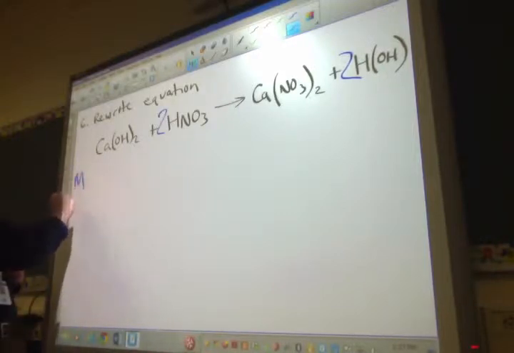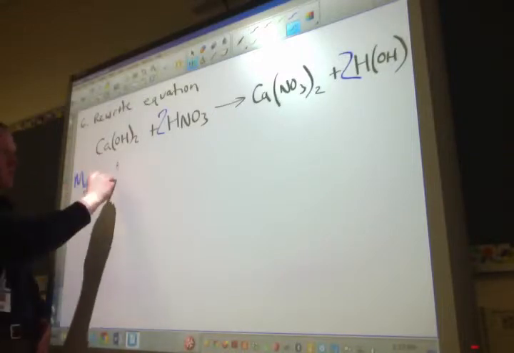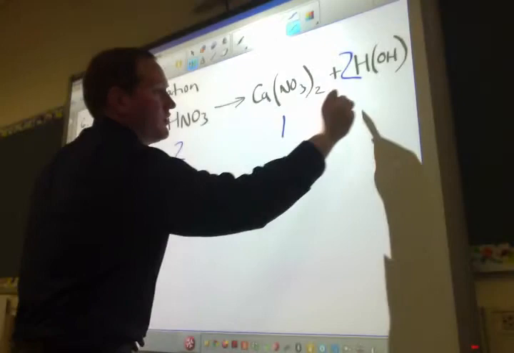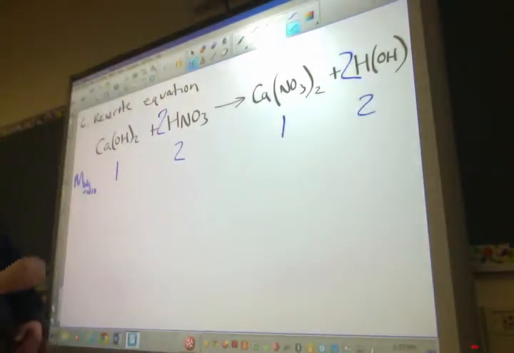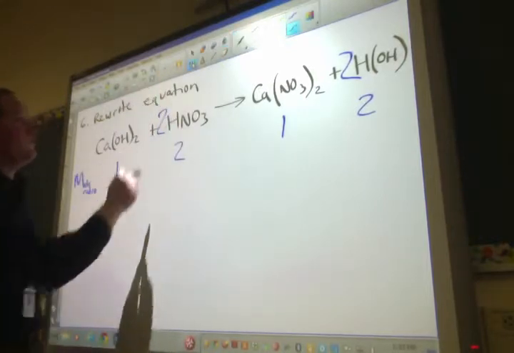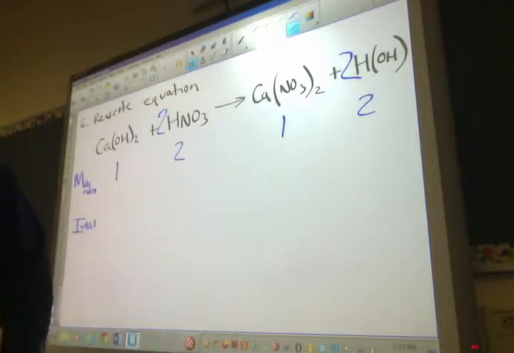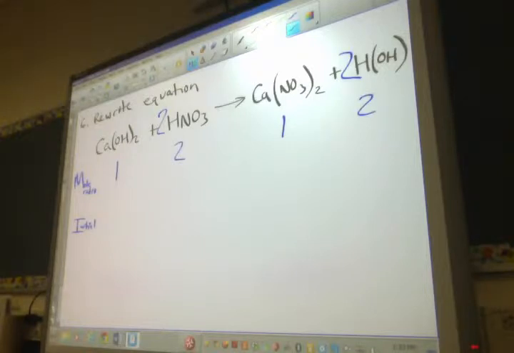The M stands for mole ratio, which we've done plenty of times. Rewrite the coefficients: 1, 2, 1, 2. The I stands for initial. Do we have to know what it stands for? No. Well, it helps, but I'm not going to ask you.